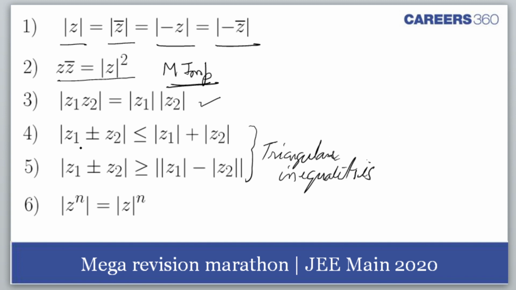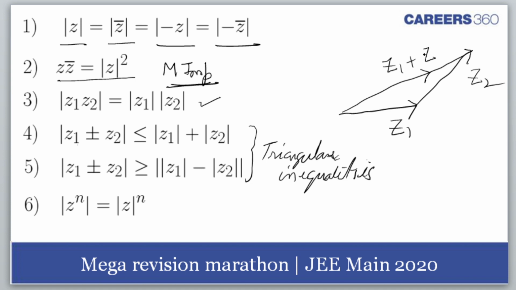Okay, so we have z1 plus minus z2 whole modulus is less than equal to mod z1 plus mod z2. Actually, z1 can always be represented as vectors. So suppose this is z1, this is z2, then I complete the triangle. Triangle law of vectors I'll make use of. This is z1 plus z2. Am I right?